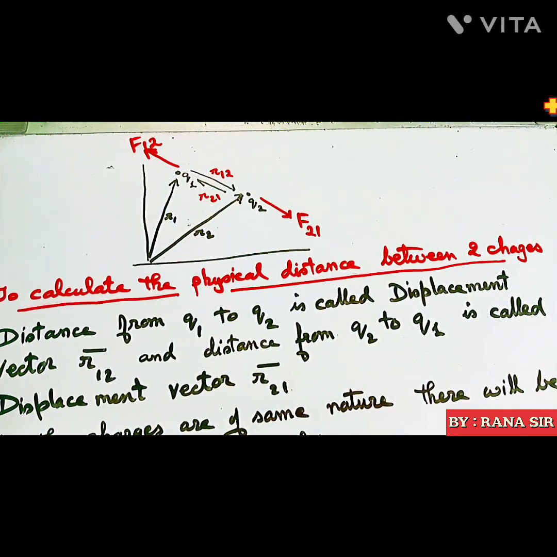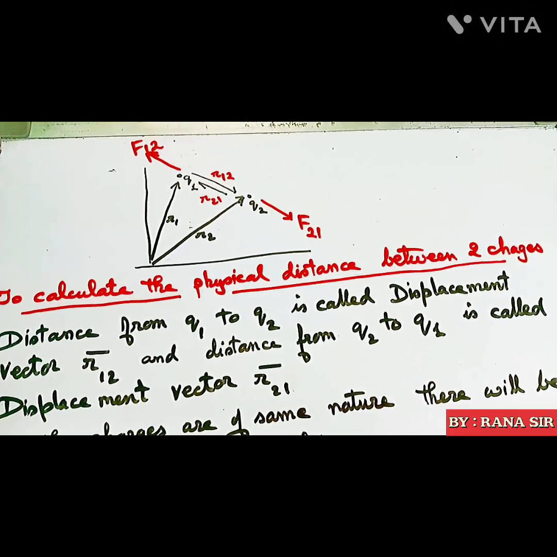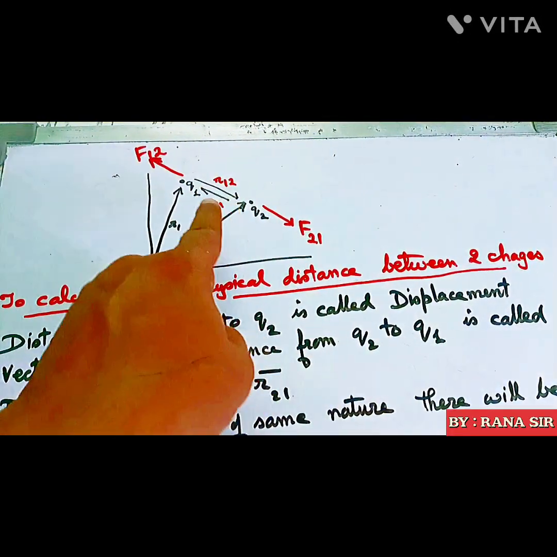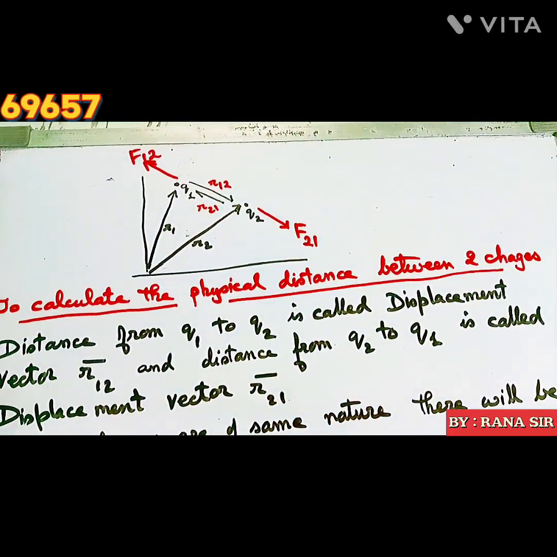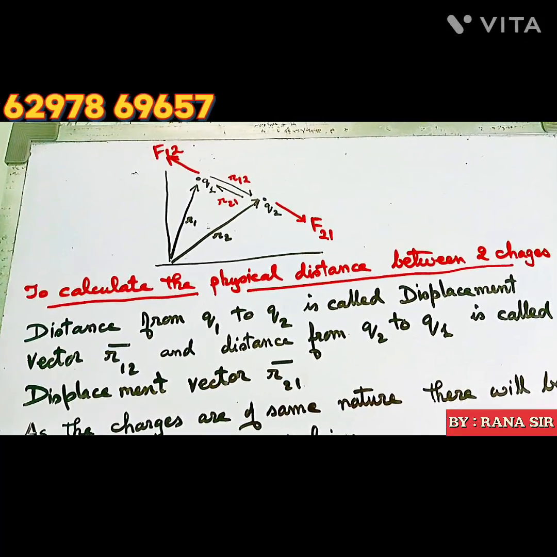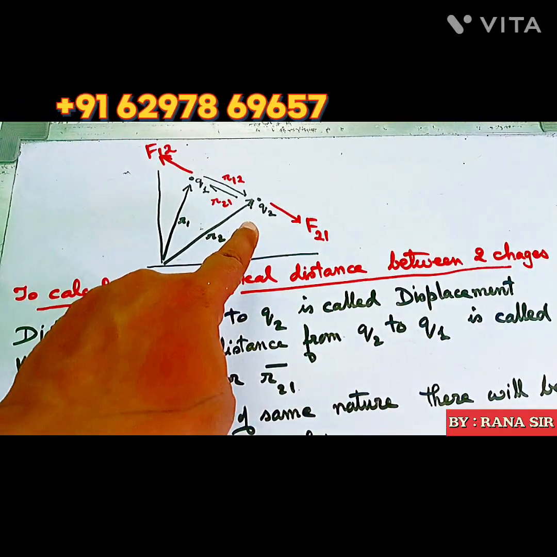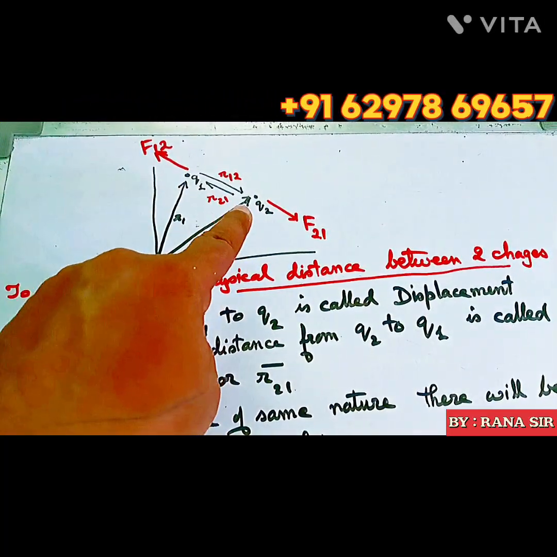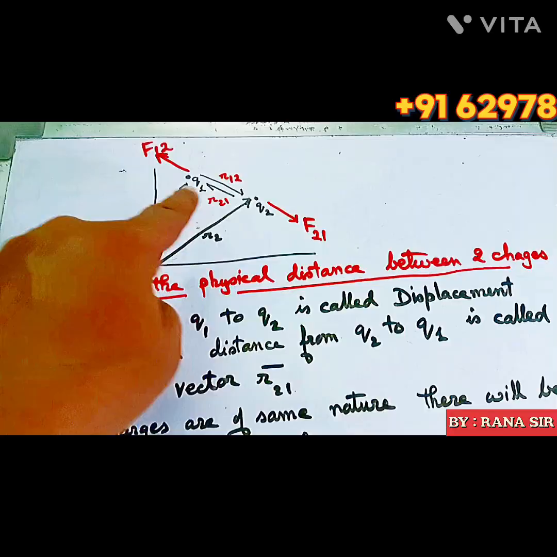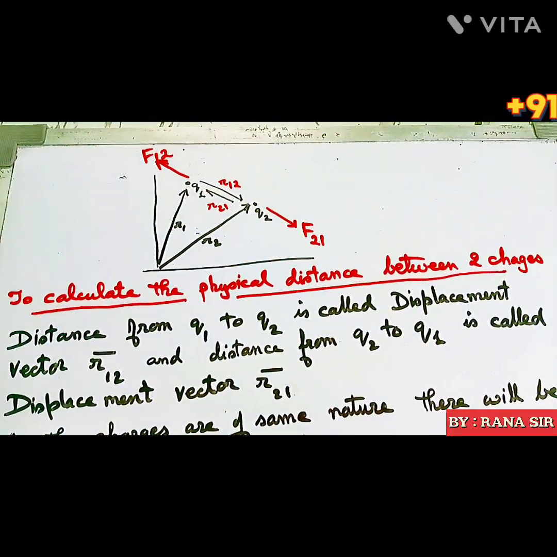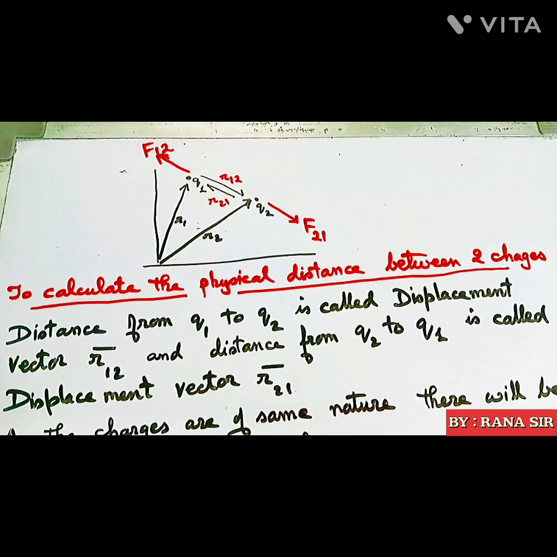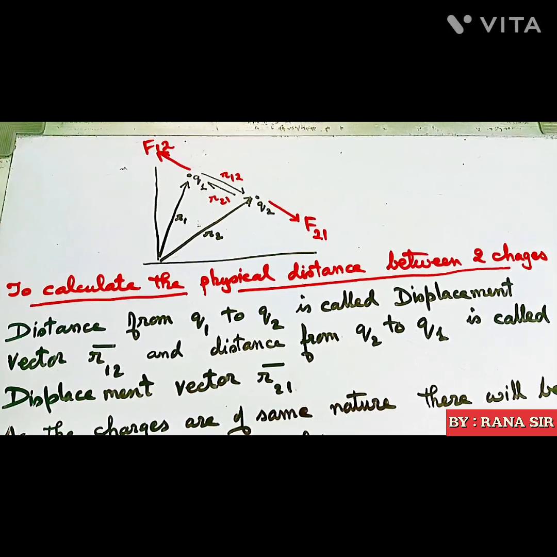From Q1 to Q2, the vector is called the displacement vector and is denoted by R12. From Q2 to Q1, the vector arrow flows from Q2 to Q1, and it is denoted as displacement vector R21.